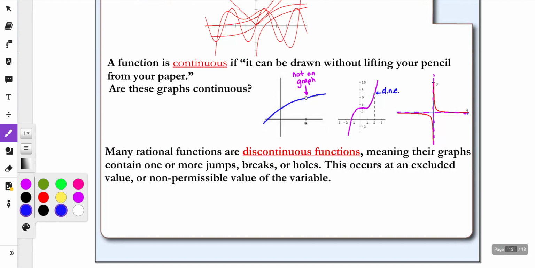These holes happen in rational expressions. They come from non-permissible values, things that we've done in these questions before in Math 1. We do a rational expression, we solve it, then we get an answer that's extraneous. We're like, oh wait, that was a non-permissible value. Right? It felt like I could have solved it, but for some reason that doesn't actually work. That'll create these holes and these weird gaps in equations.